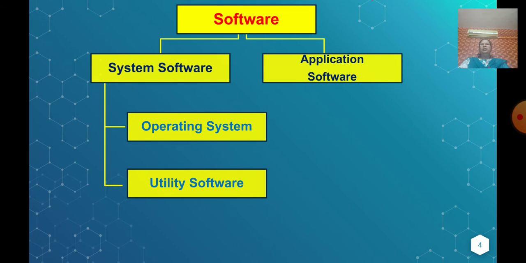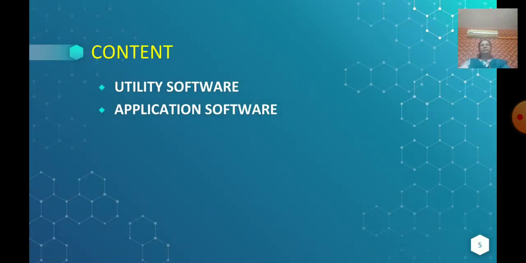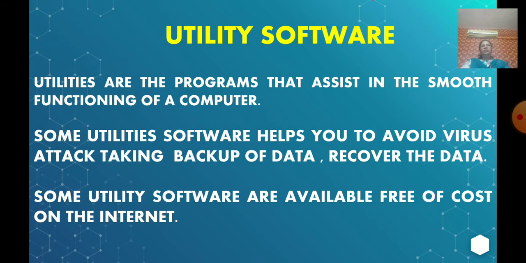So what is utility software? Utility software are the programs that assist in the smooth functioning of a computer. So what is the use of utility software? It is used to assist the computer in smooth functioning.